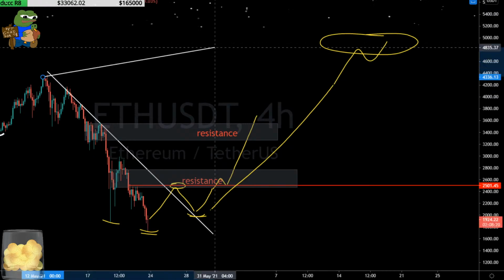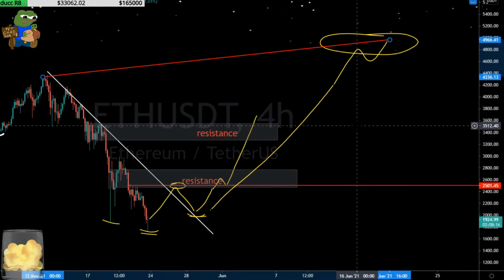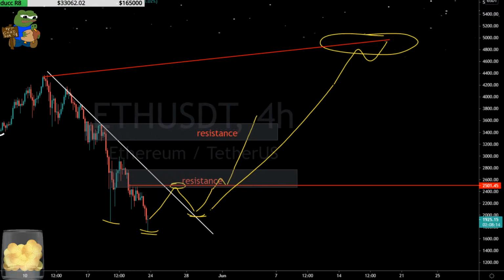And this is where you get the high time frame bearish divergence. Okay, so that could be very interesting, very interesting.